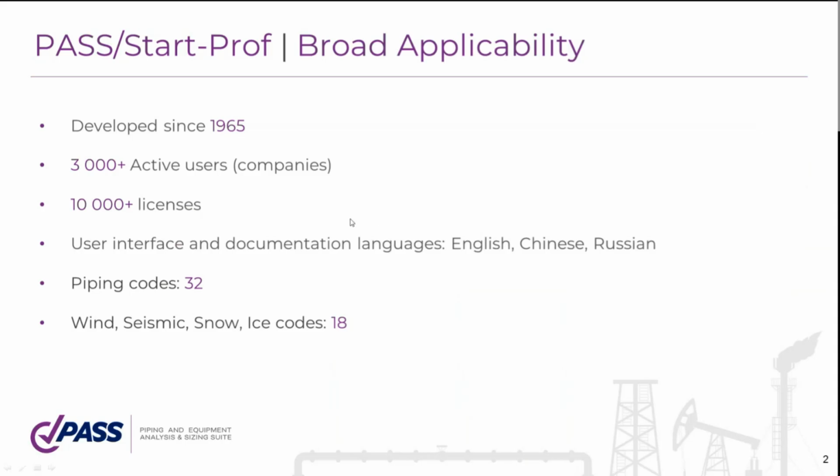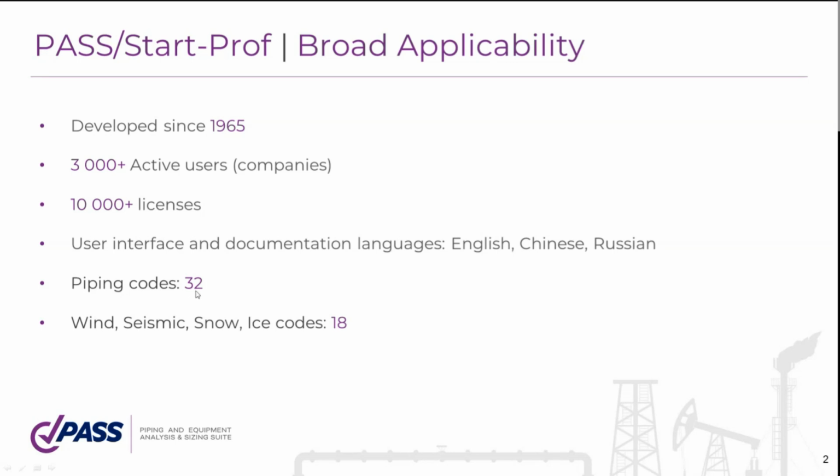Before we start, just brief information about the software. It was developed in 1965. We have more than 3,000 active users, more than 10,000 licenses. The user interface and documentation are in three languages: English, Chinese, and Russian.